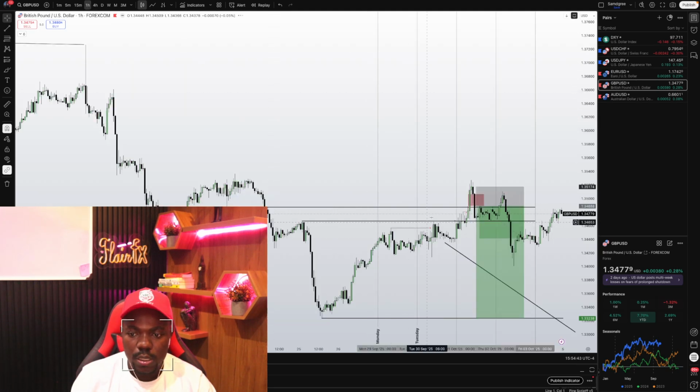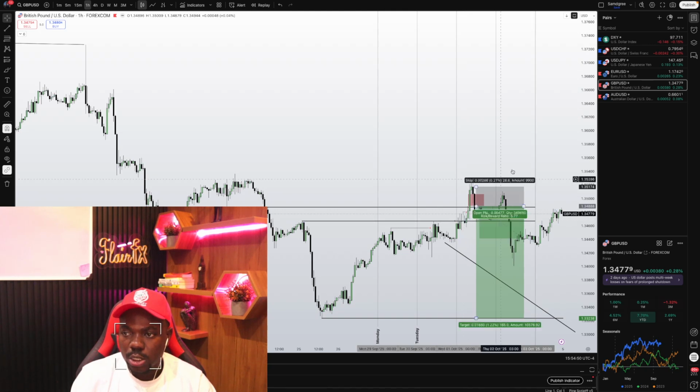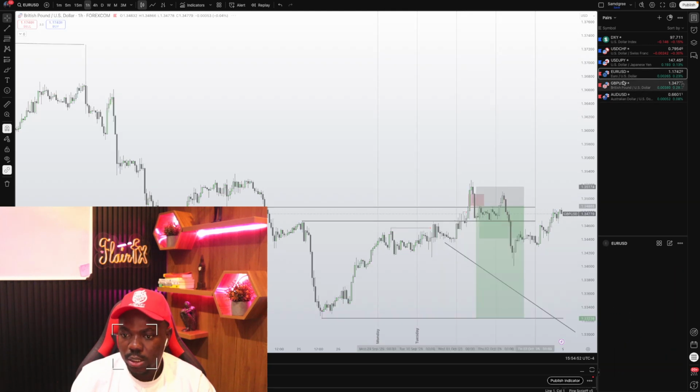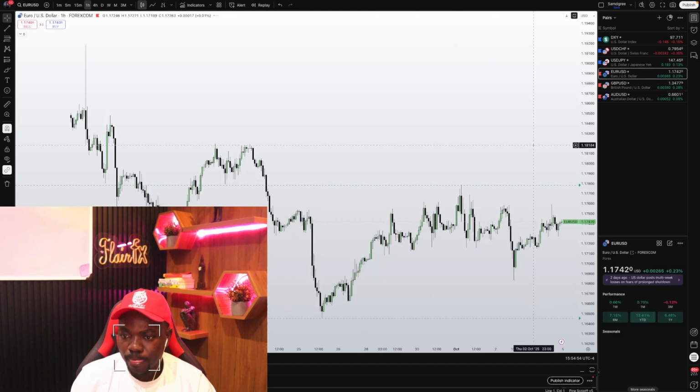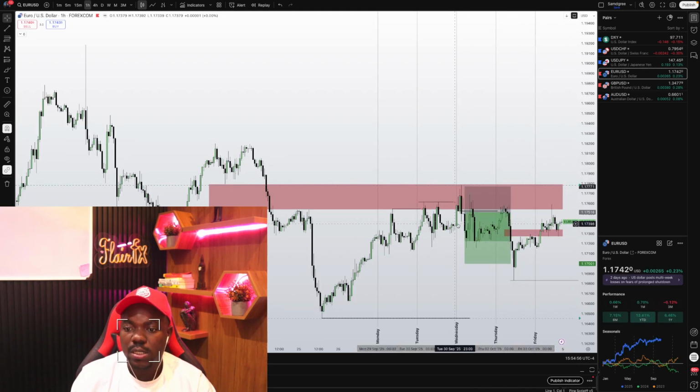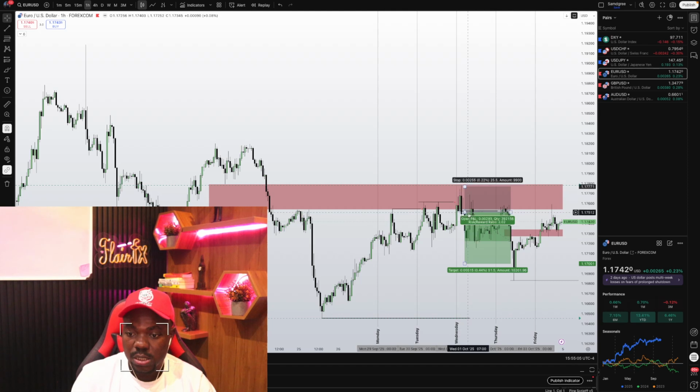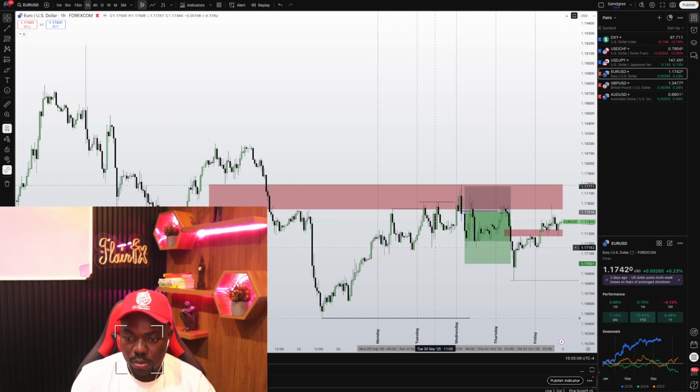Pounds. When we were selling EU right here on Wednesday, after EU turned this up-close candle into another order block, we were selling it when EU was somewhere around here, taking out this low.